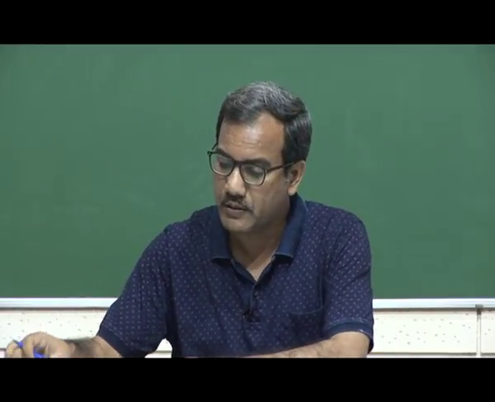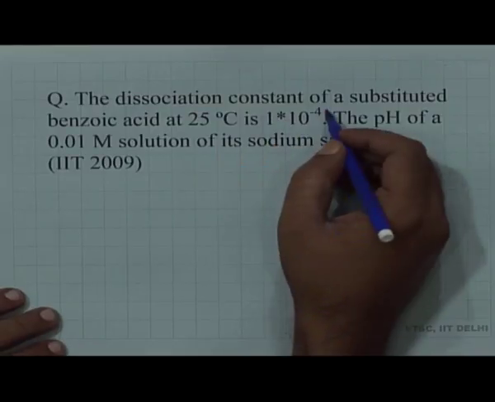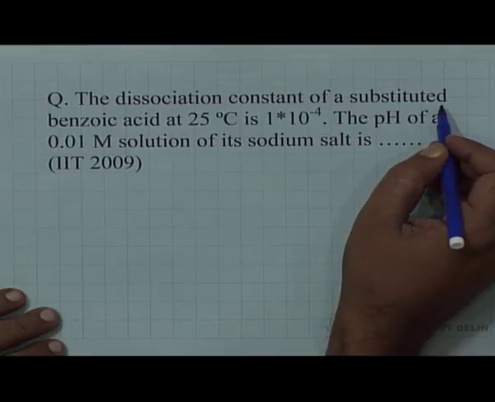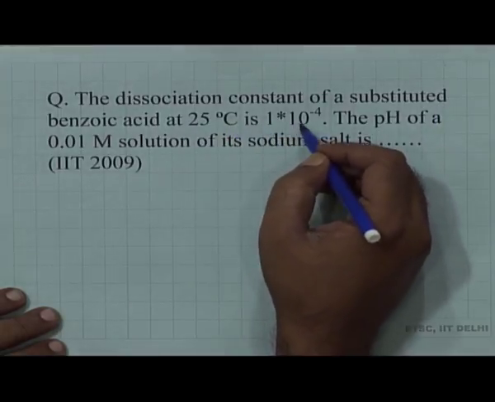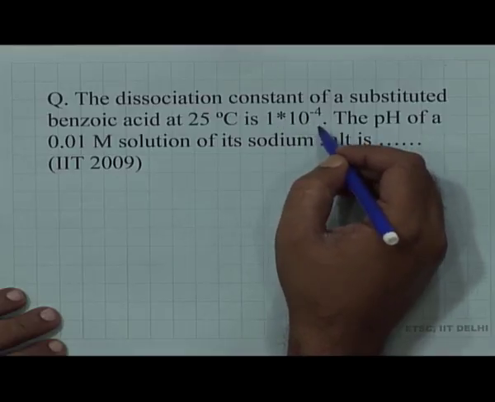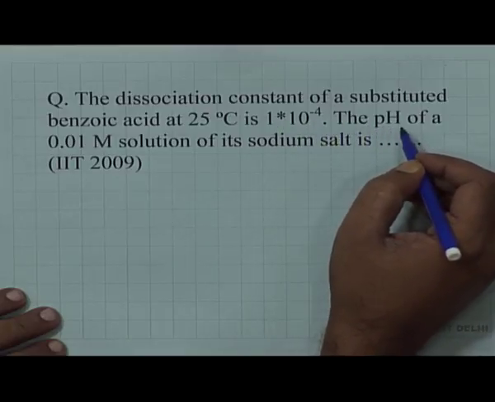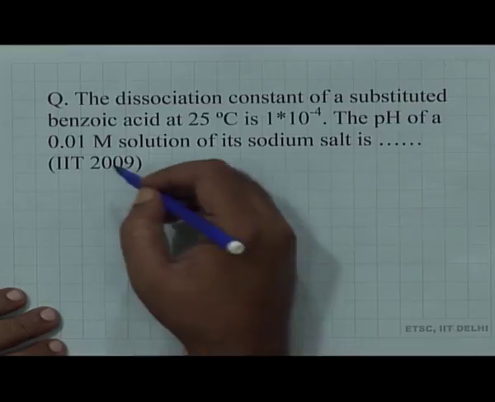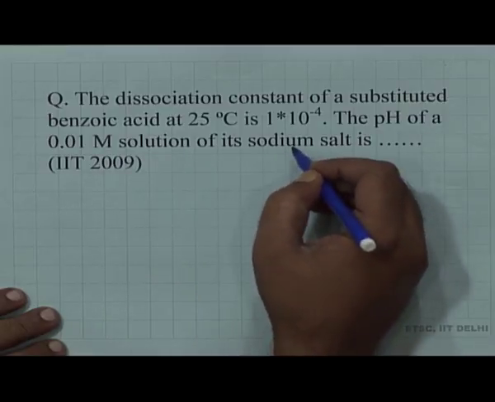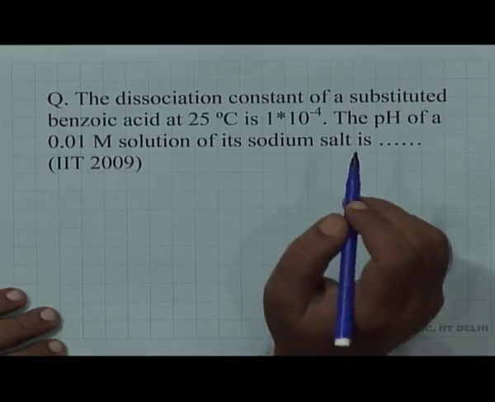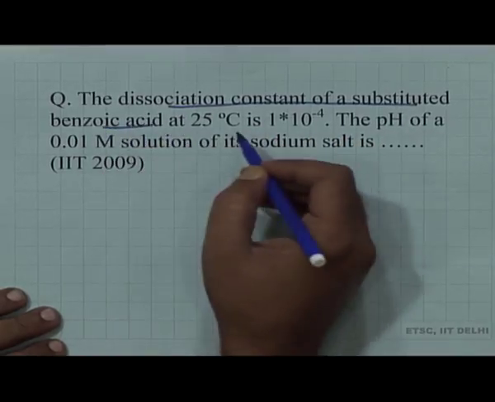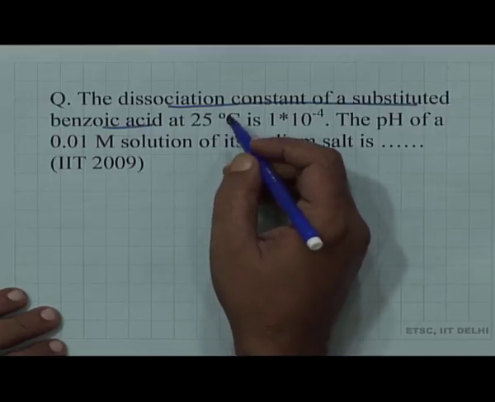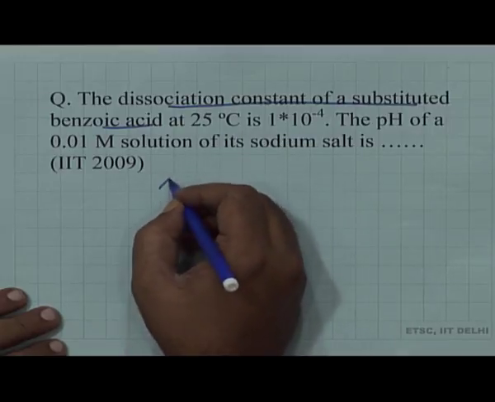Next question is this: the dissociation constant of a substituted benzoic acid at 25 degrees Celsius is 1 into 10 to the power minus 4. pH of a 0.01 molar solution of its sodium salt is. Again, dissociation constant of a substituted benzoic acid is given. It means that this is salt.